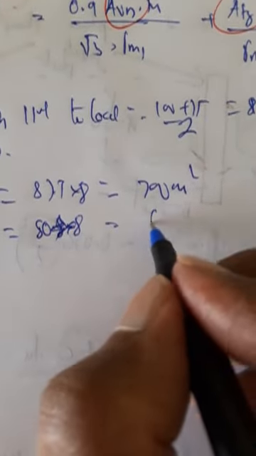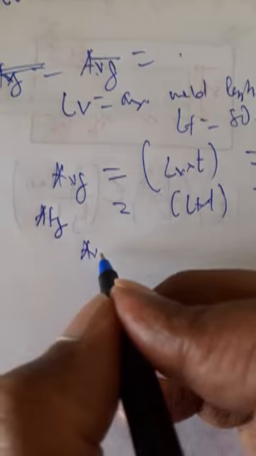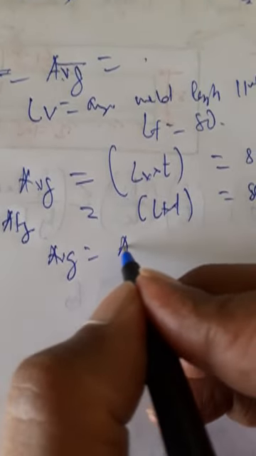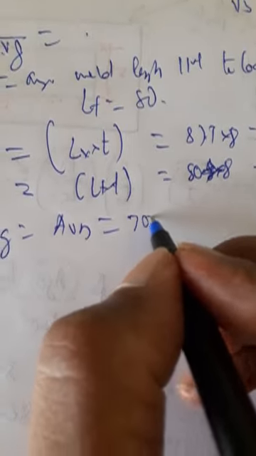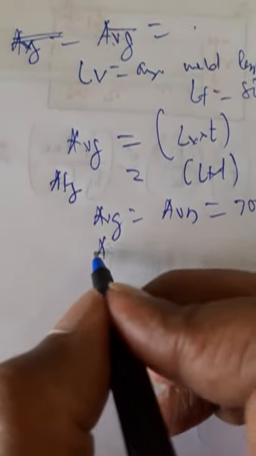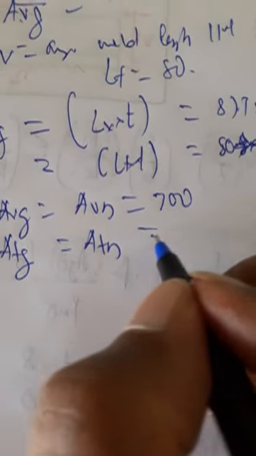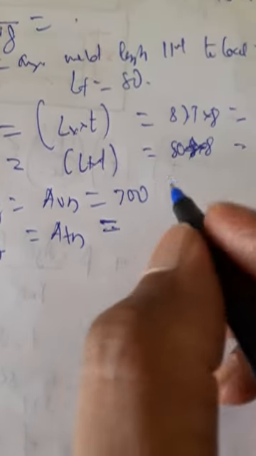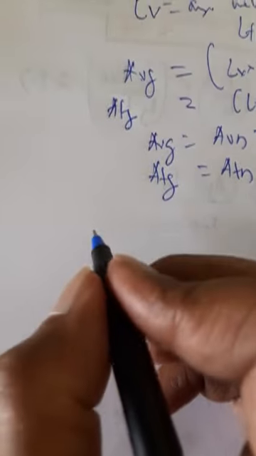So I have the answer 640 mm square. Now remember, in welded connections there are no holes. So AVG is equal to AVN. Both are same, is equal to 700, and ATG is same as ATN. Net and gross are same since there are no holes. This is 640.